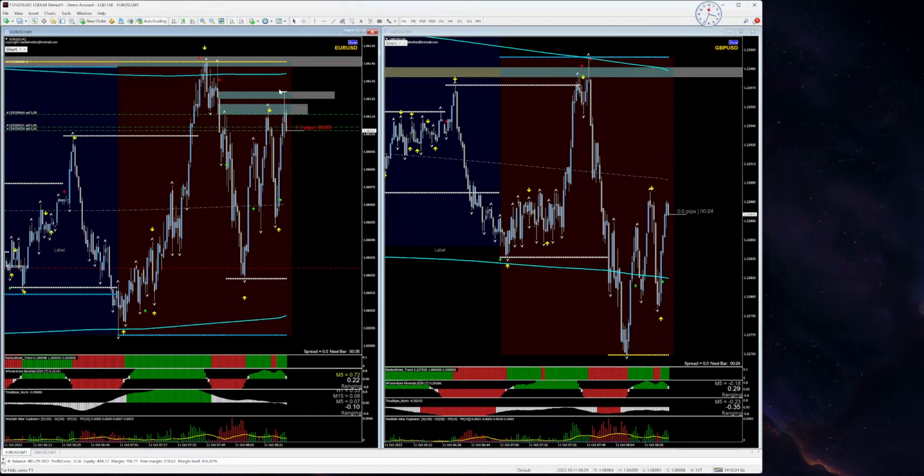Yeah, so it did actually fill that other fair value gap as well. But this should be it. Like I said, now it has no reason to come back, unless it wants to sweep the highest, then it's going to sweep my stop loss as well.